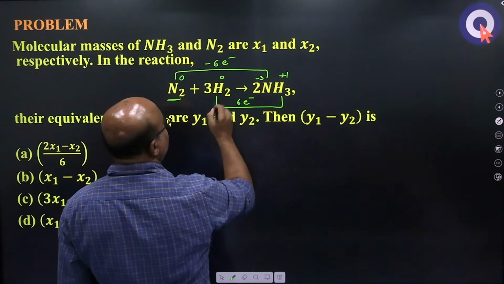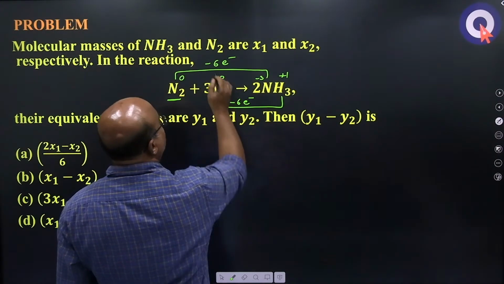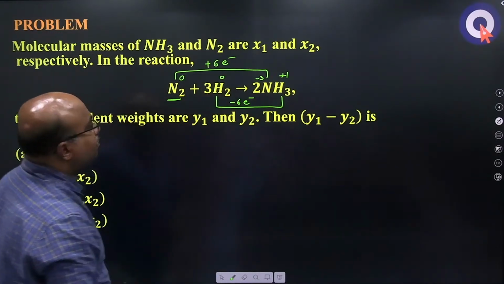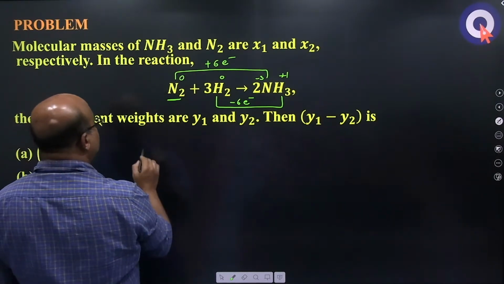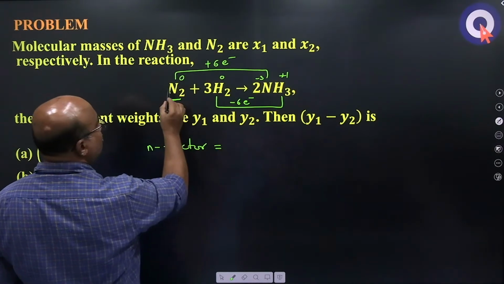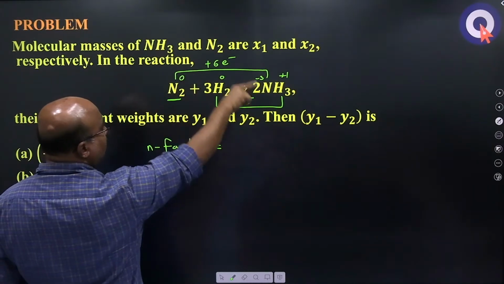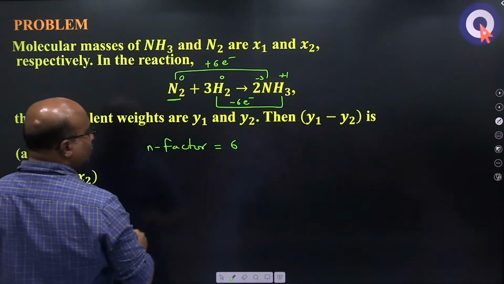It is a 6 electron loss, and a 6 electron gain. So the N factor for nitrogen: only 1 mole is there and 6 electrons are involved. So the N factor for nitrogen is 6.